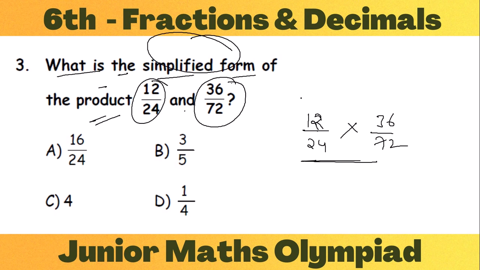While doing the product, we have to check for cancellation, children. 12 2 times 24, 2 18 times 36, 18 1 times 18, 18 4 times 72. So 1 by 4 is the simplified form of the product of given fractions. So option D is right.